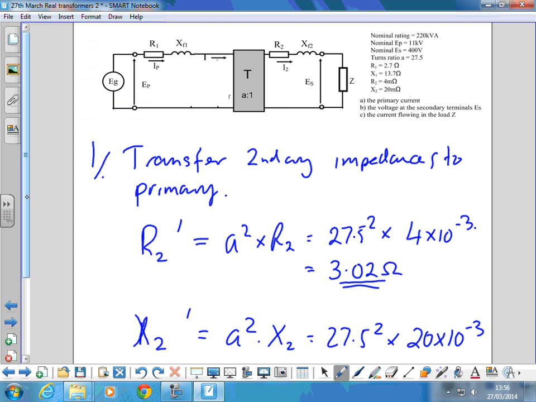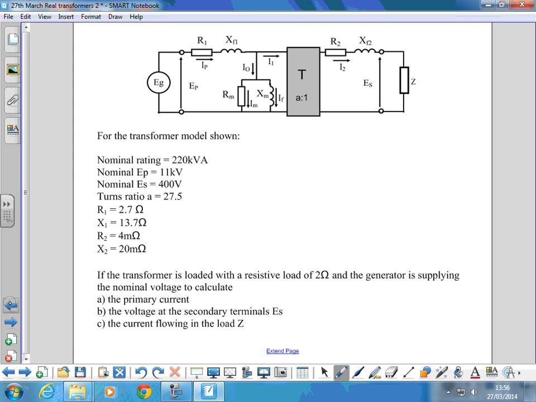On the first page, let's go back. The transformer is loaded with a resistive load of 2 ohms. I've used nothing, it wasn't on the second page. With no load, you're doing a short circuit calculation.